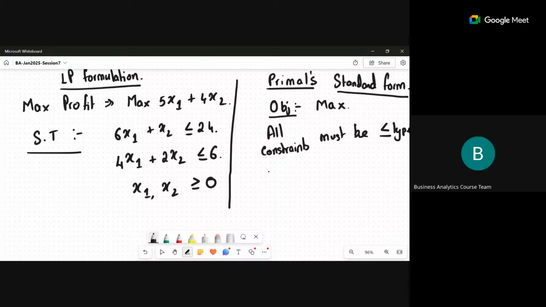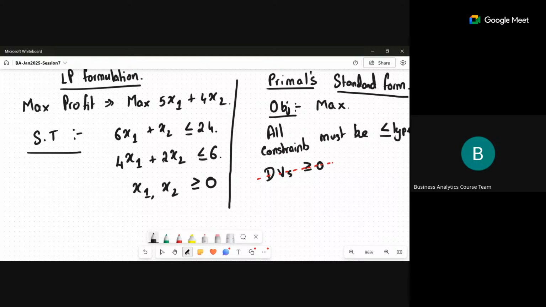When I say all constraints, I do not include the non-negativity. Basically, your decision variables are always going to be greater than or equal to 0. So excluding this requirement, you check all the other constraints. If they are of the less than or equal to type and the objective is of the maximization type, then it is known as the standard form of the primal.